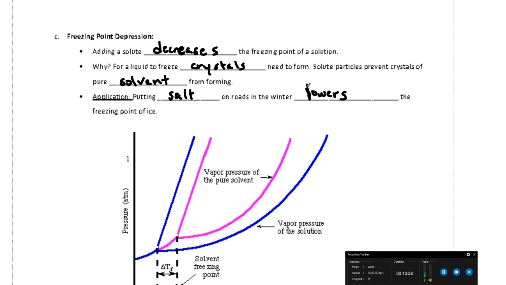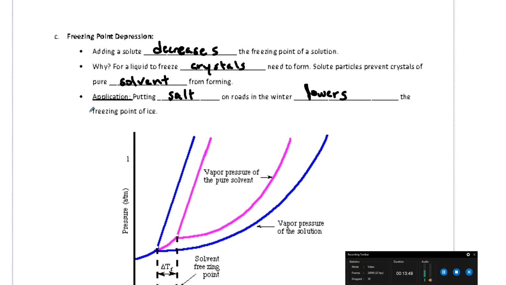And that's a good thing, right? Because that way you're going to cause the ice on the roads to freeze at lower temperatures. So therefore, it's not going to freeze at 0, it's going to freeze below 0. So that prevents the roads from getting as slippery.